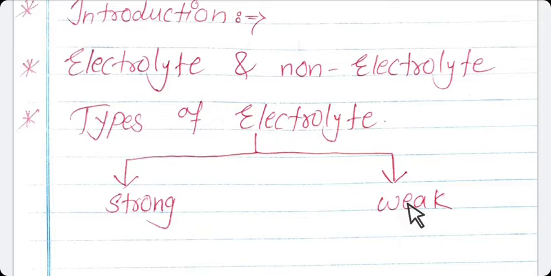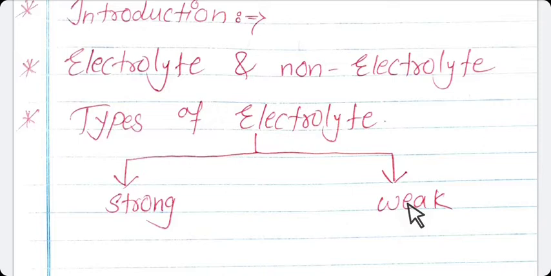Both are dissociated in water, but strong electrolytes give more ions and weak electrolytes give fewer ions.